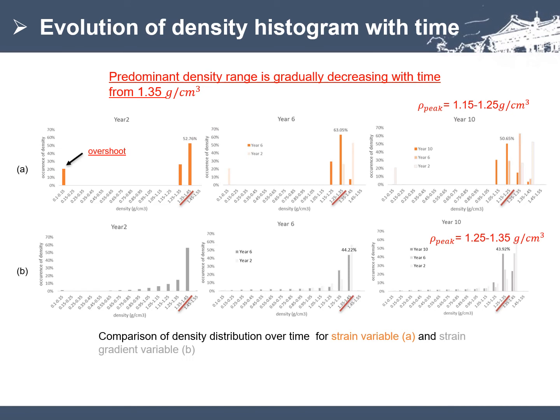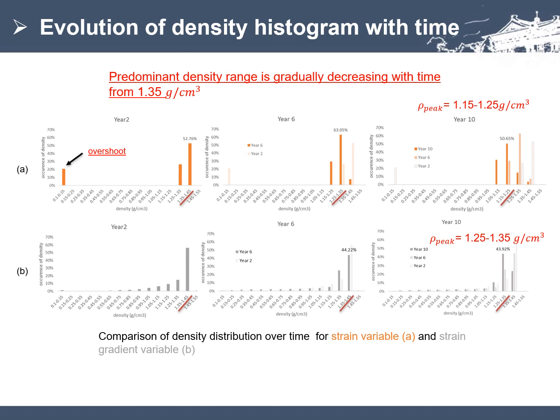After I summarized the density distribution in a histogram, I found that the predominant density range gradually decreased with time. Most interestingly, I found the early stage overshoot is indeed due to the large formation of less mineralized bone, which was then resorbed very soon.